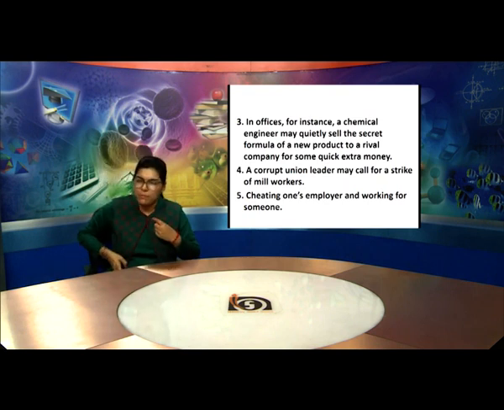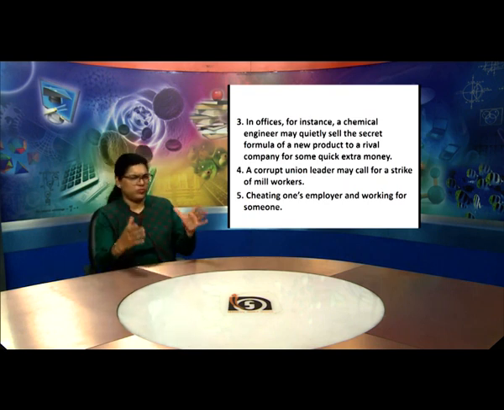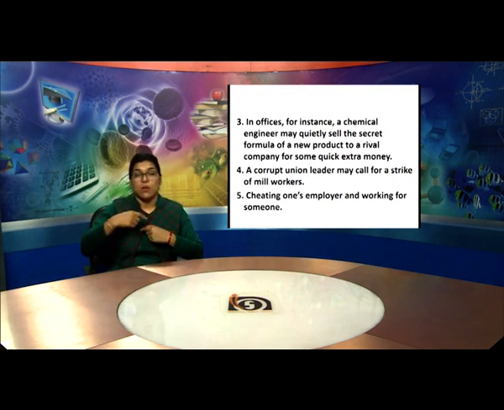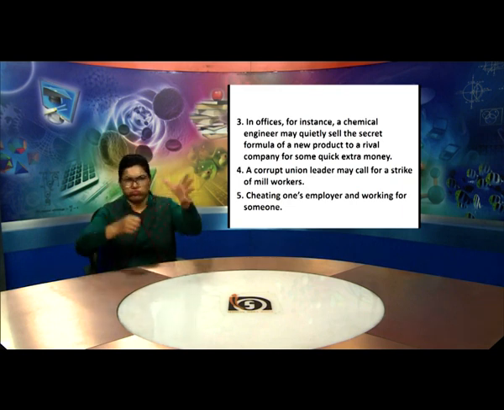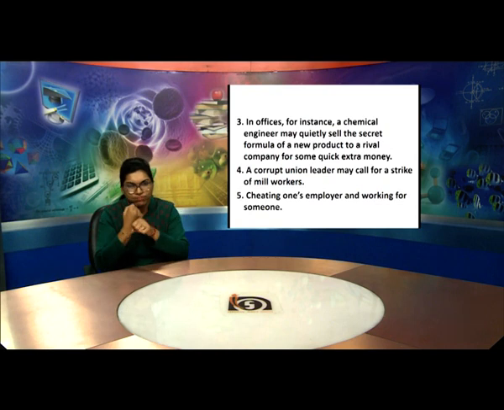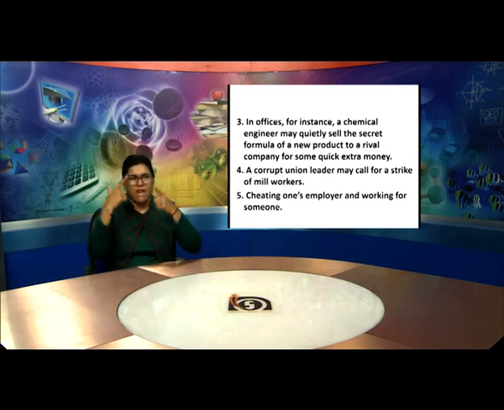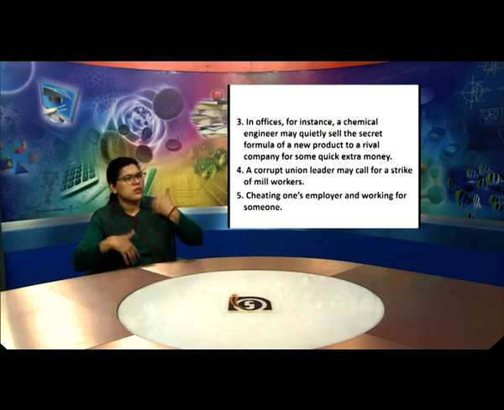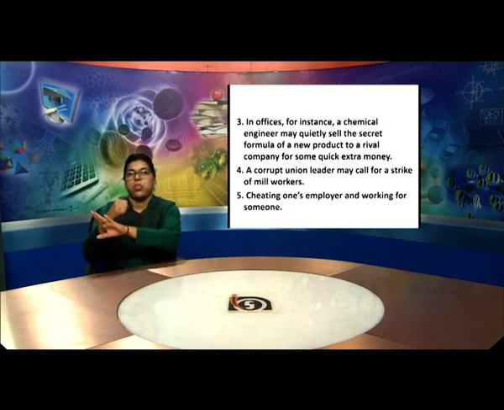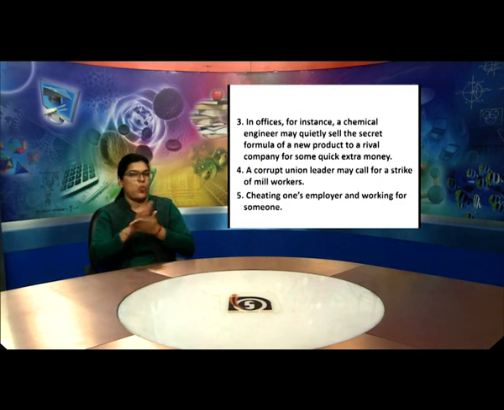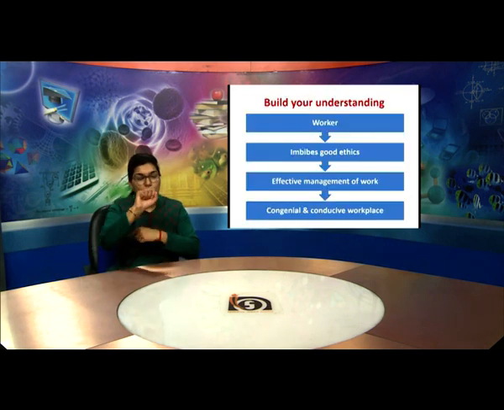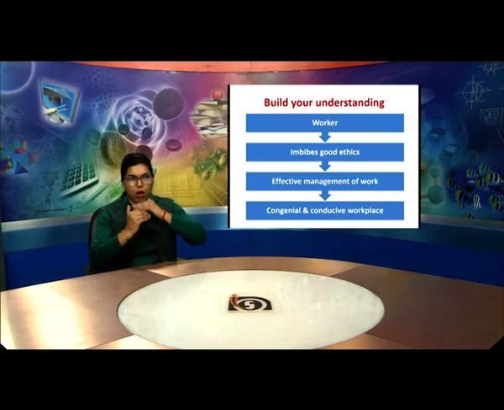The fourth point tells that a corrupt union leader may call for a strike of mill workers. The fifth point explains that cheating one's employer while working for someone is also not correct. So we should all be careful and we should all be ethical.